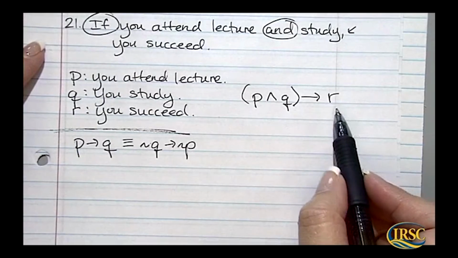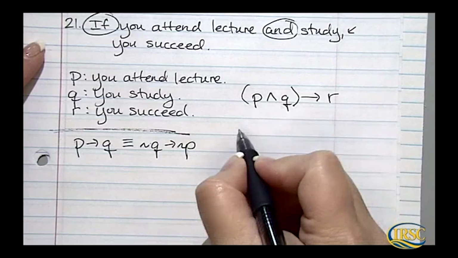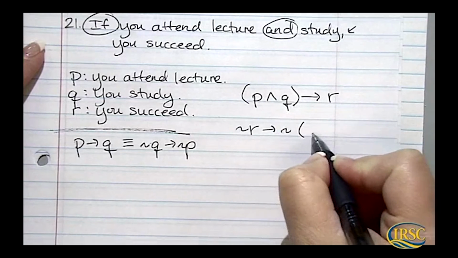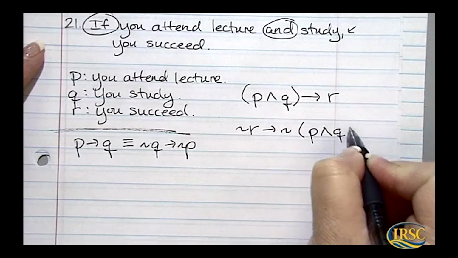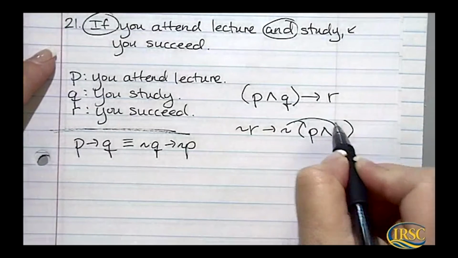Okay, so we could rewrite this as the contrapositive, and that would be equivalent. And watch what happens. If I reverse both sides of the if-then, I've got if not R, then not this entire parentheses. Now you have something that you can use De Morgan's law on. So now do De Morgan's law on the second part.